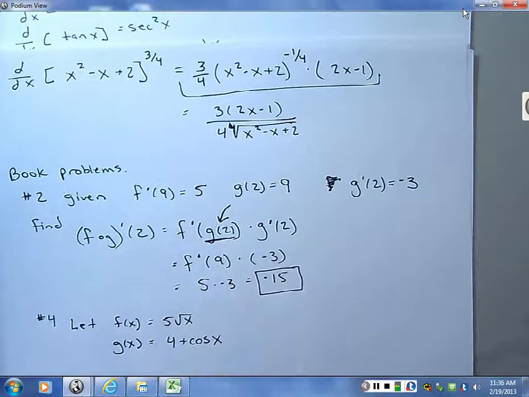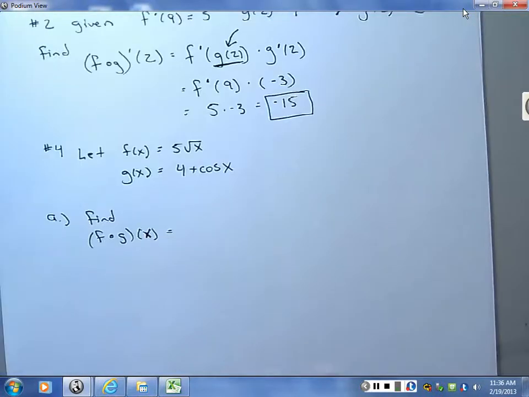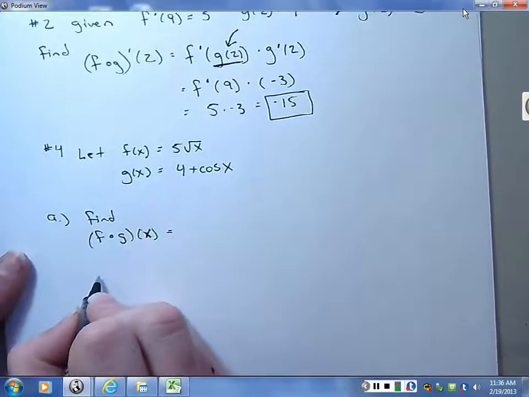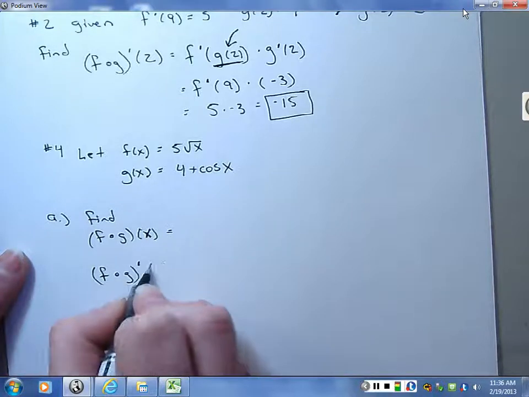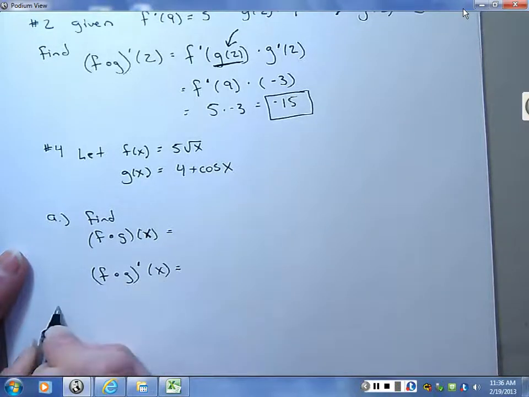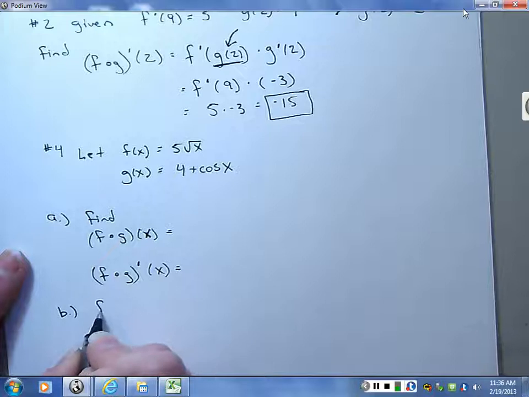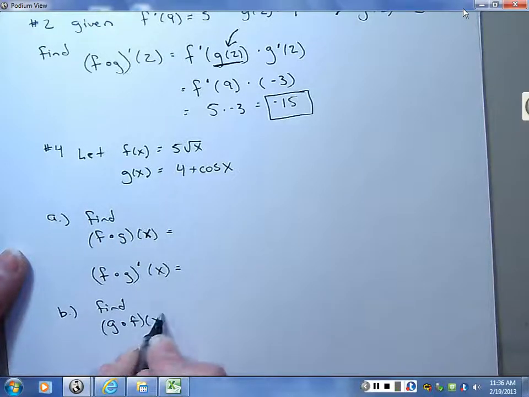In part A, they ask you to find f of g of x, and also find f of g prime of x. Part B, they ask you to find g of f of x and g of f prime of x.